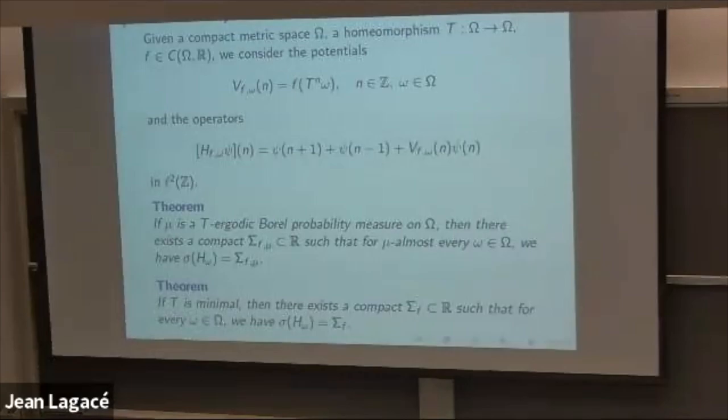If every orbit is dense, you can switch roles between the approximating and the approximated, so you get both inclusions and you get equality. The spectrum is therefore entirely independent of omega. The second theorem applies to the almost Mathieu operator. The first theorem applies to the Anderson model. That's really the general reason why these almost sure or sure spectra exist.